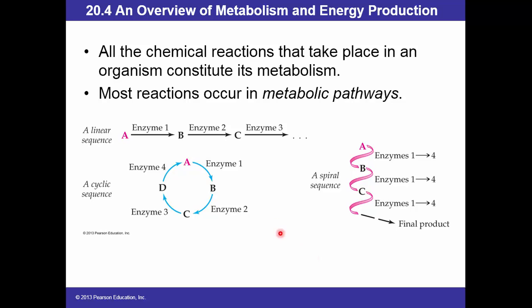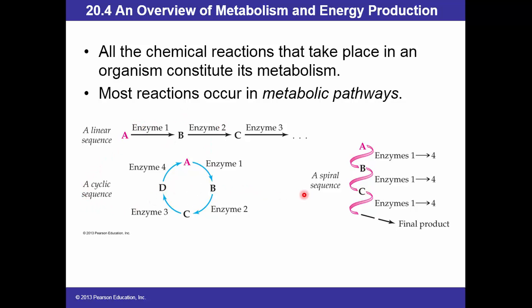An overview of metabolism and energy production. Now, metabolism is the sum of all the chemical reactions that occur in our body, and most reactions occur in metabolic pathways. For example, we could have a linear sequence A to B to C with three enzymes. We could have a cyclic sequence.